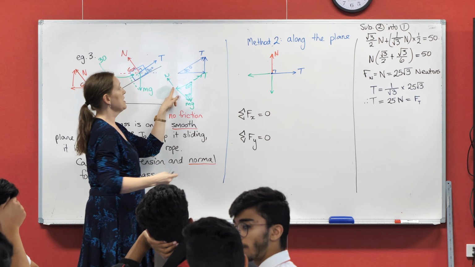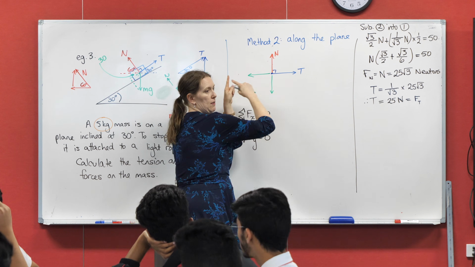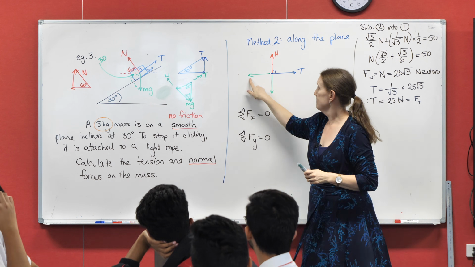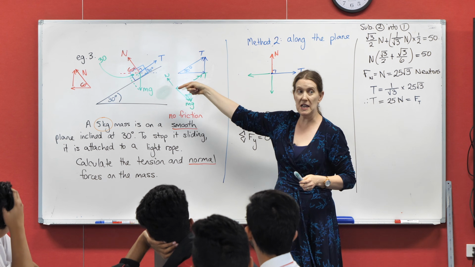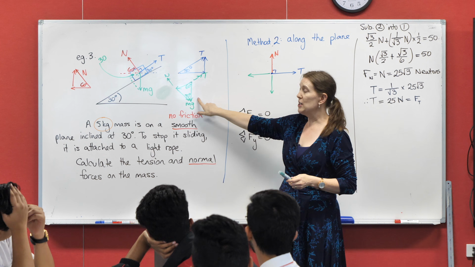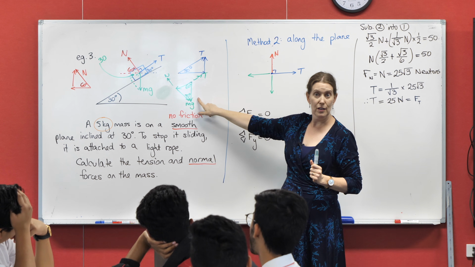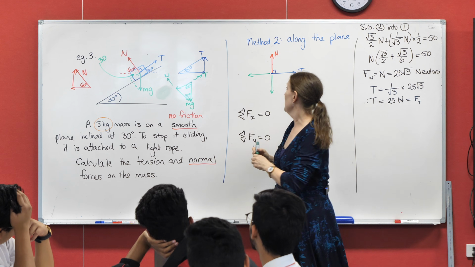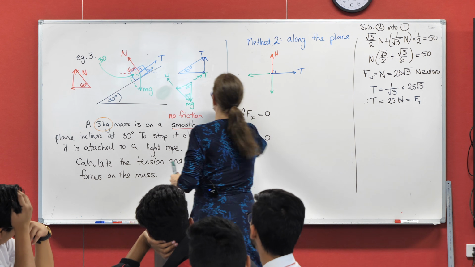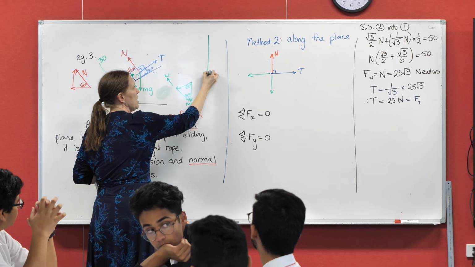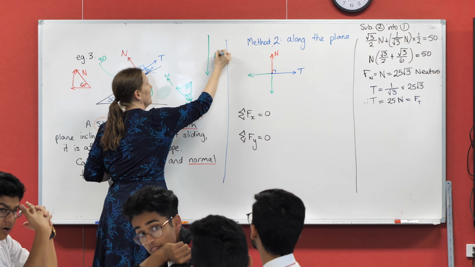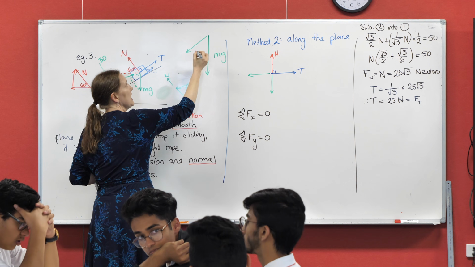60. What does that make my T direction? T direction, which is this one, it's going to be mg. Do you want me to draw this big? Yes? Eric's like, yes, please. Let me draw it big. Here's my mg. Here's my T direction.